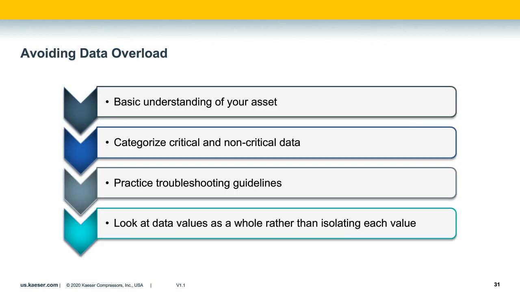How do you avoid data overload? It's important to have a basic understanding of your asset. Categorize critical and non-critical data points, as we discussed a few minutes ago. Implement good troubleshooting guidelines, a great point here, and don't always isolate each value or data point, but look at them as a whole, from a synergy standpoint.